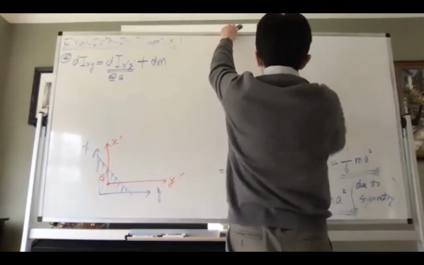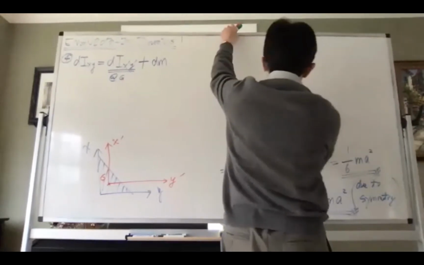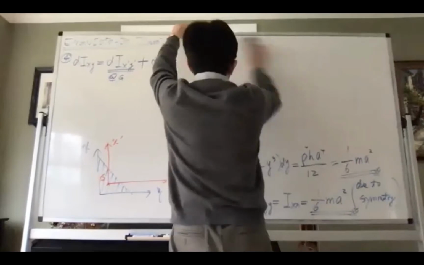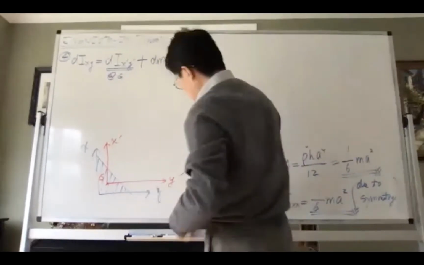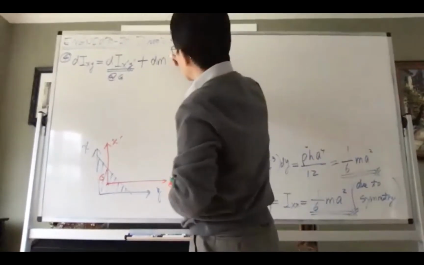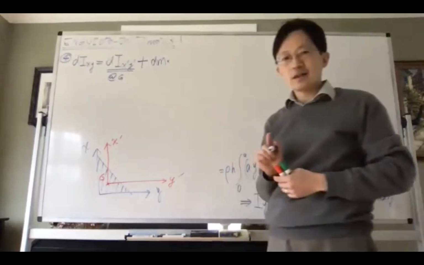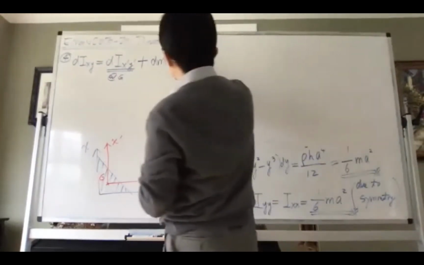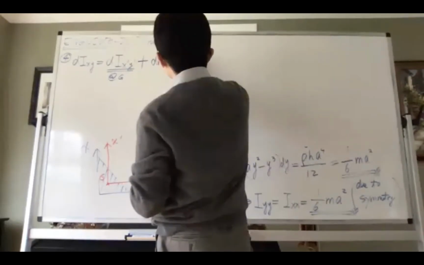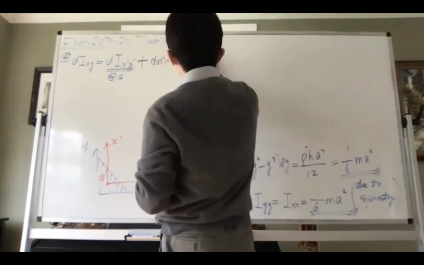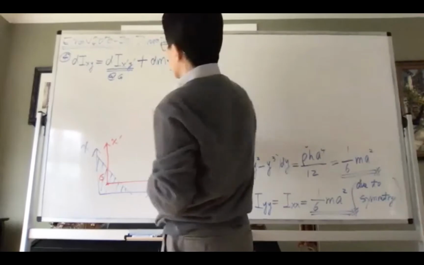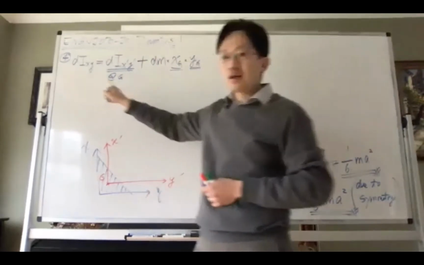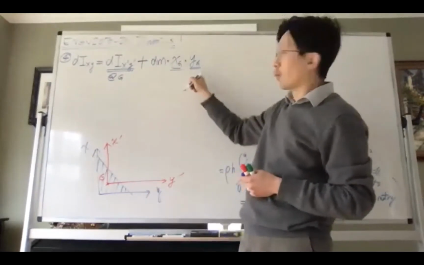And for products of inertia, this is very easy to remember. What you need to do here is unit mass times two distances. Depending on the subscript, if you have x and y, then you need two values. One is called xg, and the other is called yg. So if you are looking at Ixy, you have to multiply this with xg, yg.